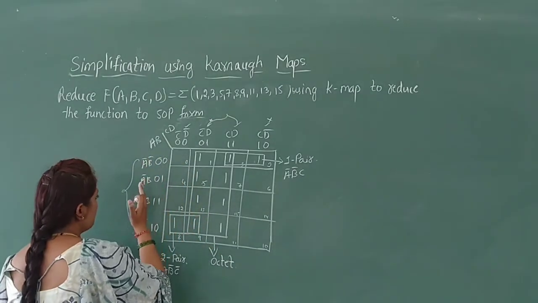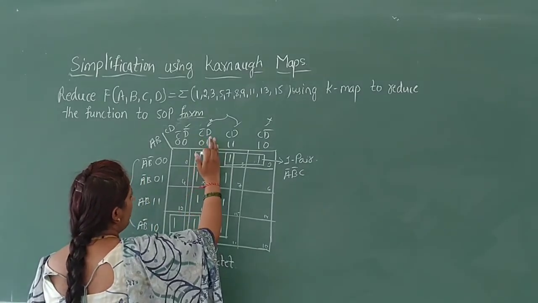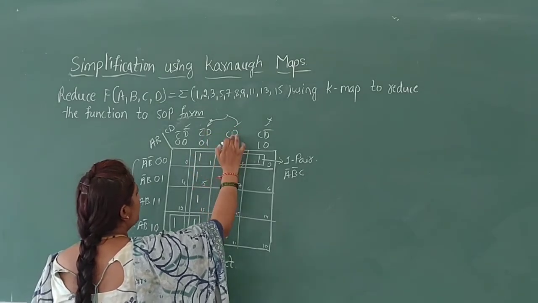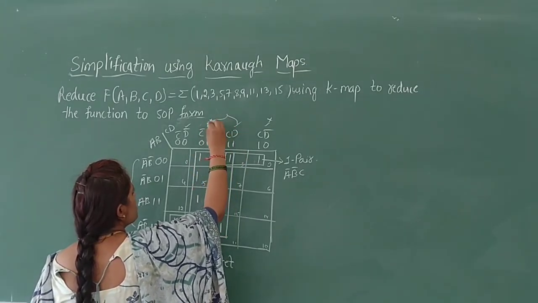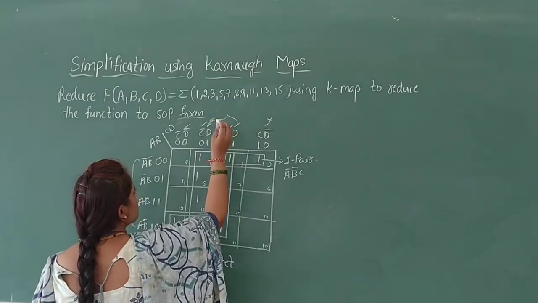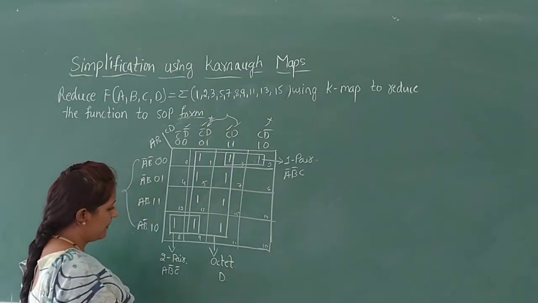Therefore, all these row values are removed, only the column value is taken out. Comparing these two column values, C bar D and C D, here C bar, C removed, only D is taken out.